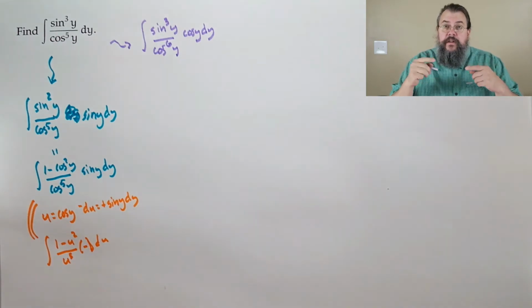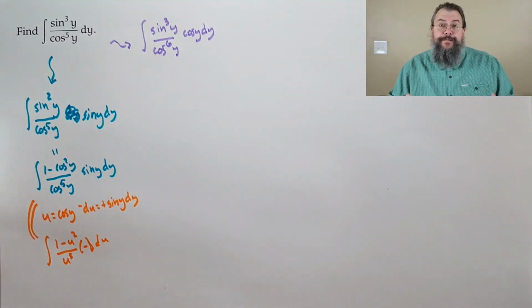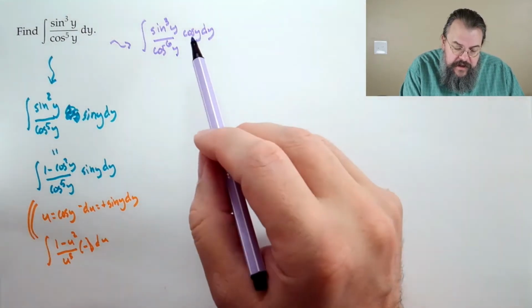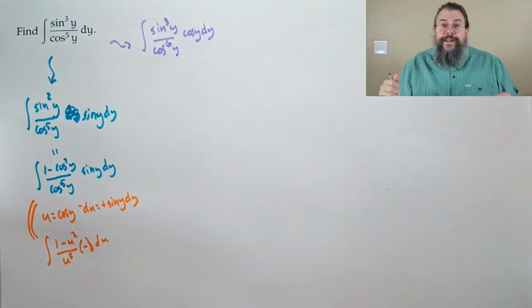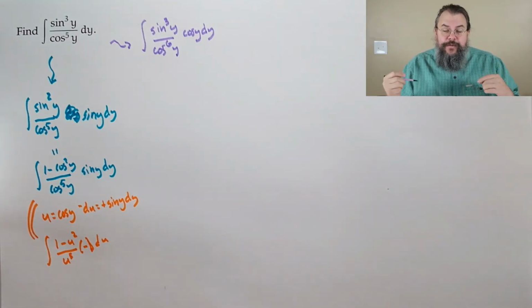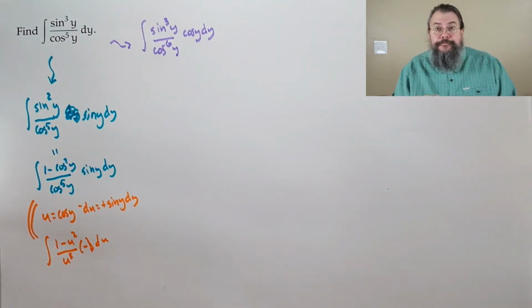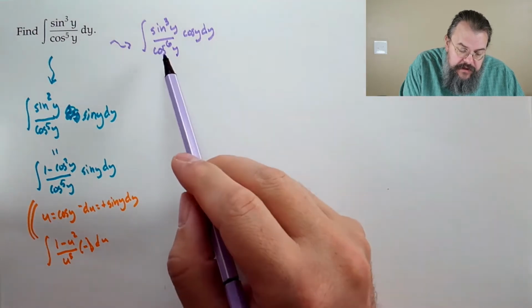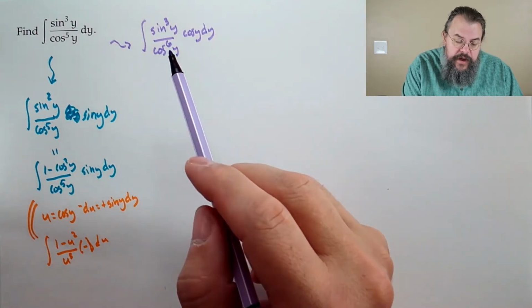Right? Because look, the cosines cancel, so it is exactly the same as before. Now, we say, great, this cosine y dy will act like our du. We just have to figure out how do we handle the denominator. Good question. Well, and why do we have to do it? Well, because we need it in terms of sine. But here's the thing.